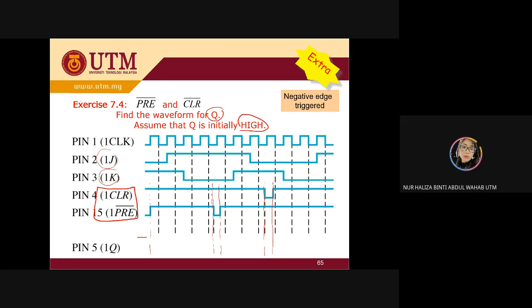For pre and clear, the table is going to be 0, 0; 0, 1; 1, 0; 1, 1. Invalid, set, reset, and synchronize.